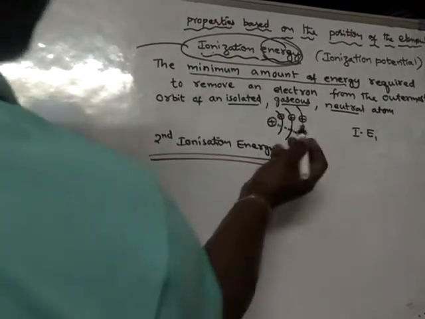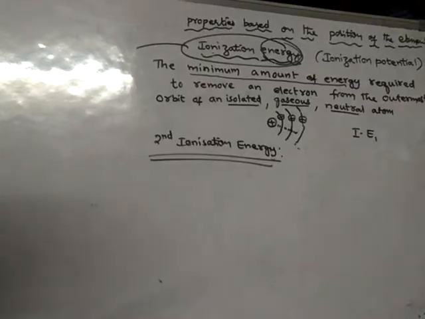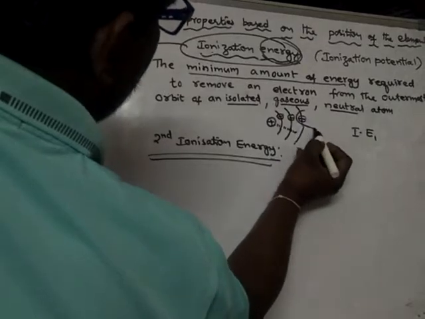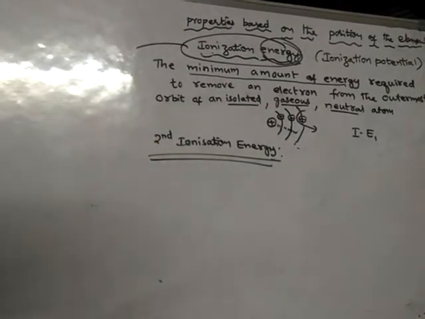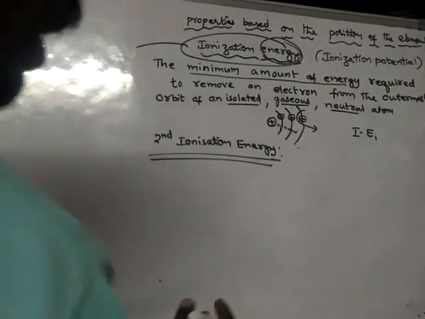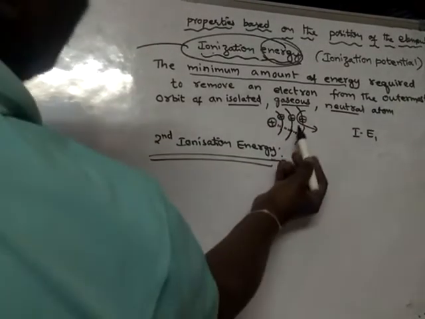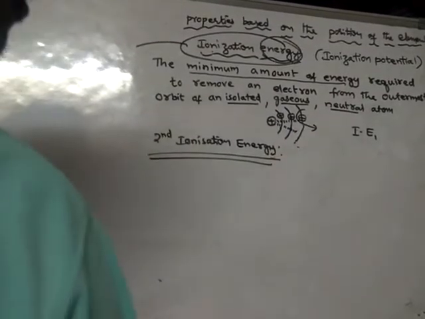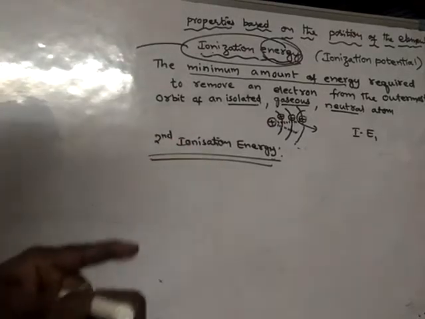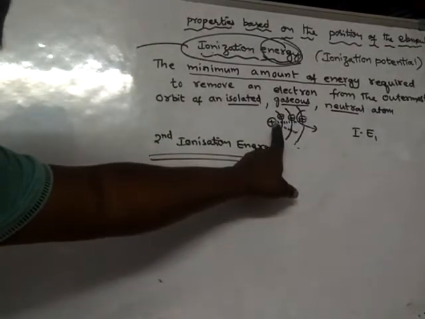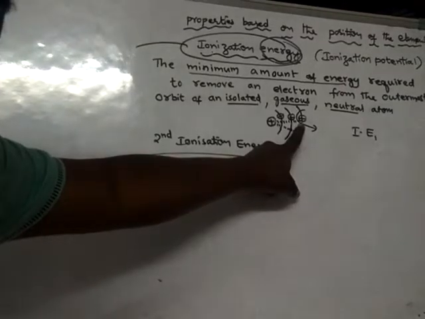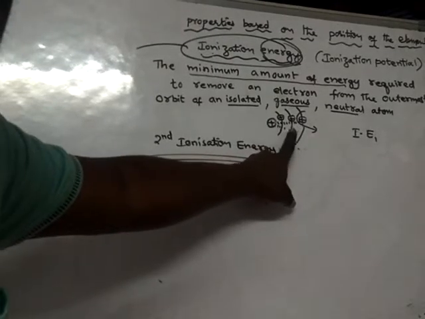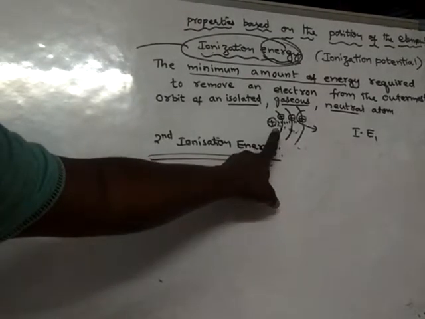Now, if I want to remove one more electron, I again have to spend energy to take out the next electron, because the other electron is also under the force of attraction of the nucleus. But in this case, the force of attraction of the nucleus will further increase, because the number of electrons is decreased, but the number of protons is not decreased.